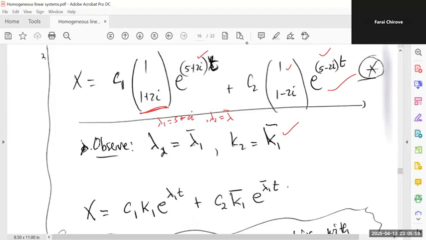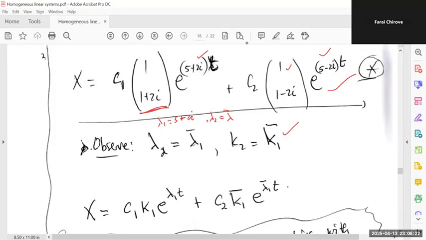Of k1. So hence it will be important to now study solutions around lambda equal to lambda 1 and k1, and then use the fact that the other one will always give us a complex conjugate of lambda 1, a complex conjugate of the eigenvector associated with lambda 1.